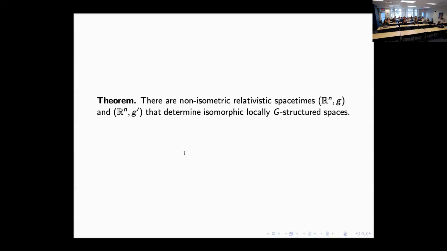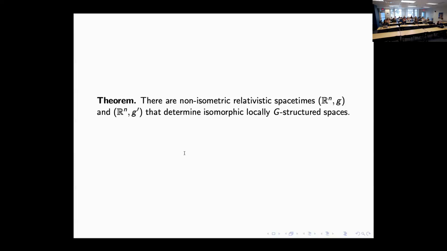Consider those two guys. Our earlier proposition implies that since they have trivial isometry pseudogroups, the locally G-structured spaces they determine must have trivial coordinate transformation pseudogroups, because our proposition said that those two things are the same.